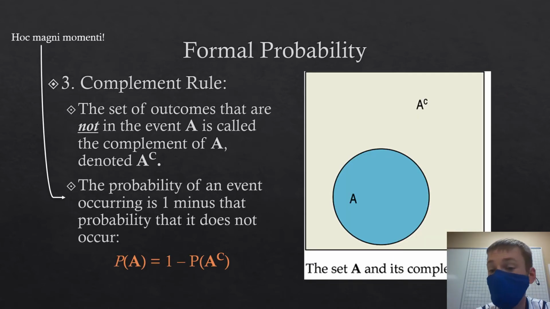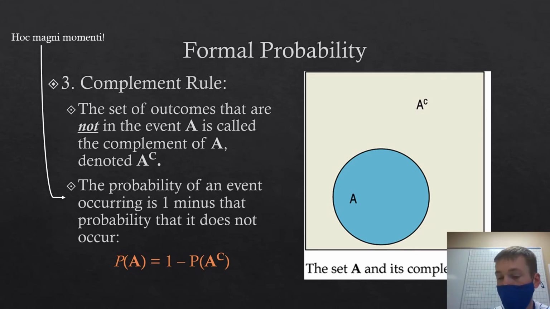One of the most useful properties of probability is called the complement rule. And this tells us that the set of outcomes that are not in the event A is called the complement of A. And how we denote that is with a little exponent C. That just stands for A complement. And the probability of an event occurring is 1 minus the probability that it does not occur.